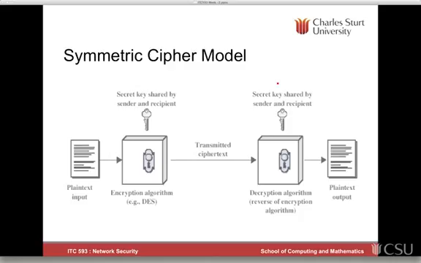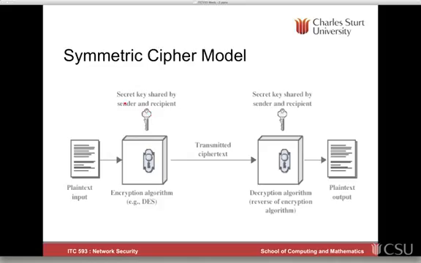Symmetric cipher model, in this slide you will see a figure. This figure shows the plain text as an input. It passes through the encryption algorithm, for example, Data Encryption Standard, DES. We will discuss it later. You can consider this an encryption algorithm, and this key is used here, secret key or shared key.